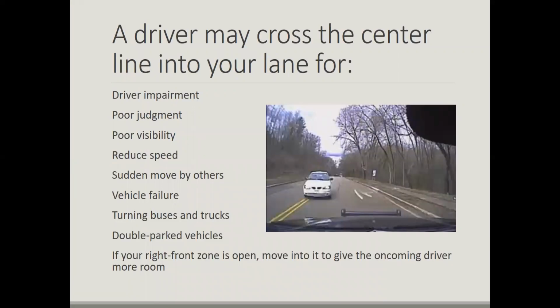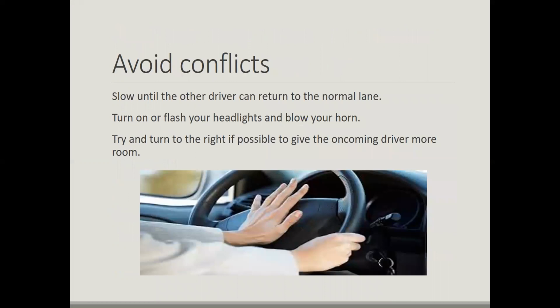What do you do when a driver may cross the center line into your lane, for reasons like impairment, drinking, poor judgment, visibility, reduced speed, sudden moves, their vehicle fails, turning buses and trucks, double parked vehicles. If your right front is open, move into it and give the oncoming driver more room.